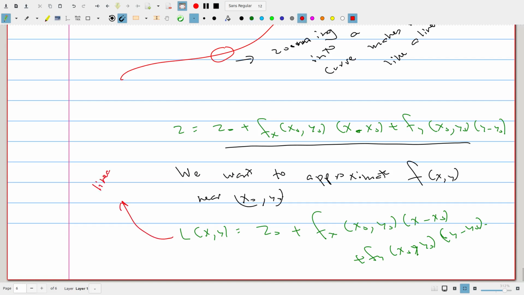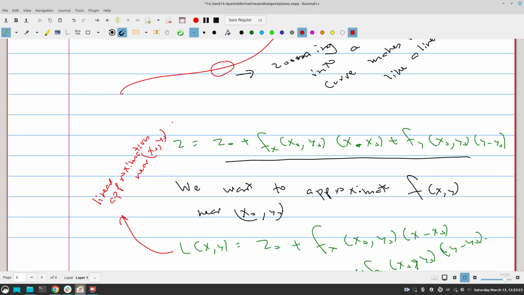So this is a linear approximation near x0, y0. Okay, so L(x, y), L for linear. So we'll look at the example that's given in the textbook.